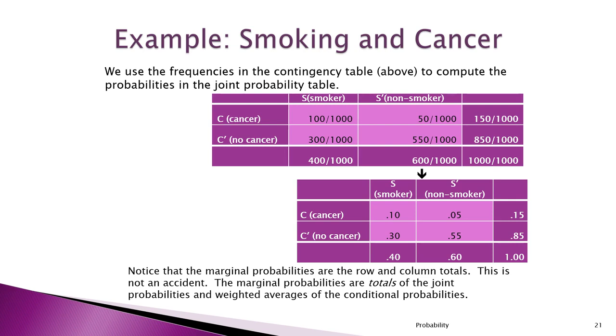Cancer and non-smoker, 0.05. Smoker and not cancer, 0.30. And the non-smoker without cancer is 0.55. And all these probabilities add up to 1. It's very useful to set up this joint probability table because you can see everything you want. And again, the marginal probabilities are the row and column totals. So look at the same problem set up with a joint probability table. It's a lot easier to solve.